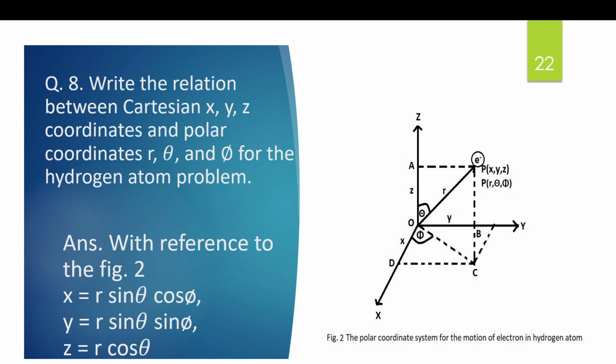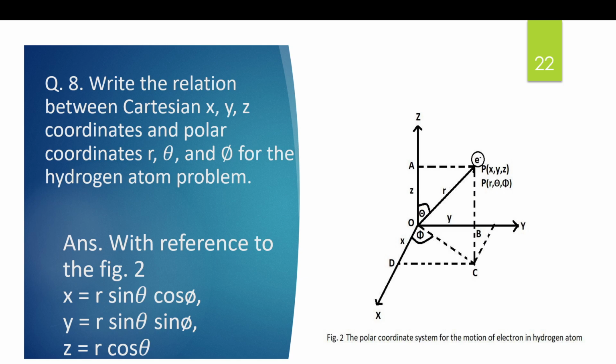You see, 3 perpendicular axes have been shown as x, y, and z. Intercepts on each axis, x, y, z are also shown. The position of the electron is marked P, with coordinates x, y, z, and polar coordinates r, theta, phi. The distance is r.